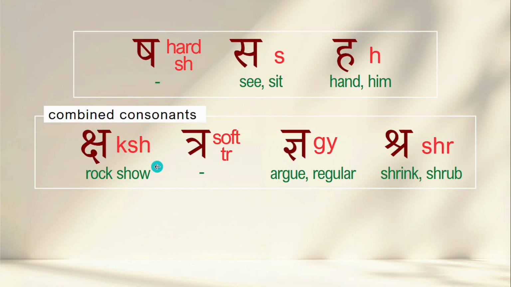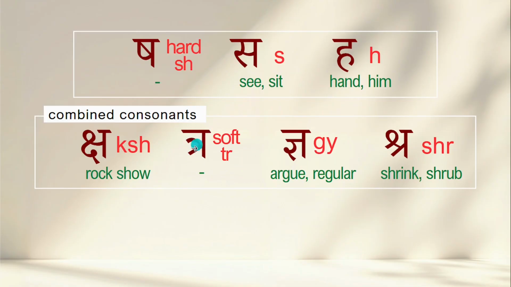This one is ksha. If you say raksha together, this part is the sound that it's closest to, right? So raksha, the ksha. Then this is tra.